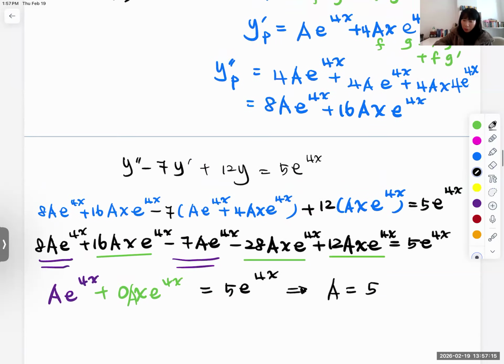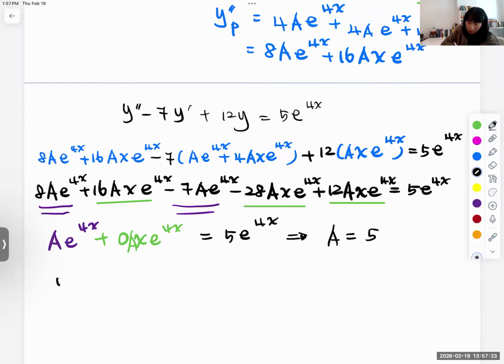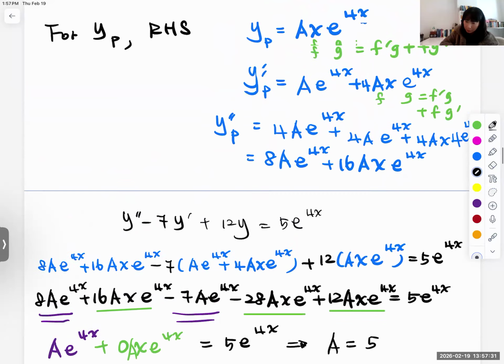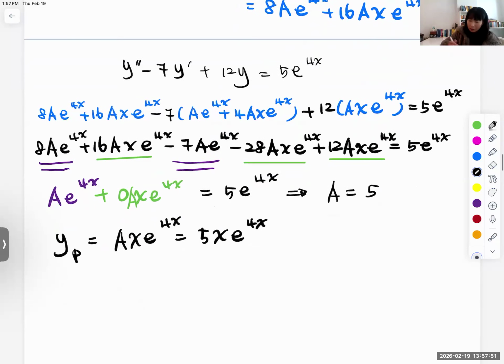All right. So particular solution, we have this form, ax e to the 4x power, right? Then in this case, we have 5x e to the 4x. Okay, then what's the general solution?